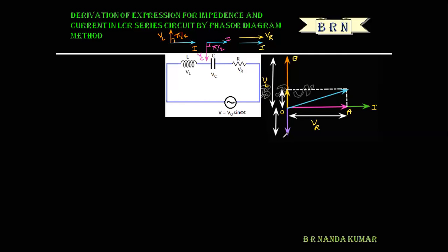So that is represented by the vector OC. Vector OC represents the potential difference across the capacitor, VC, which lags behind the current by an angle pi by 2 radian.